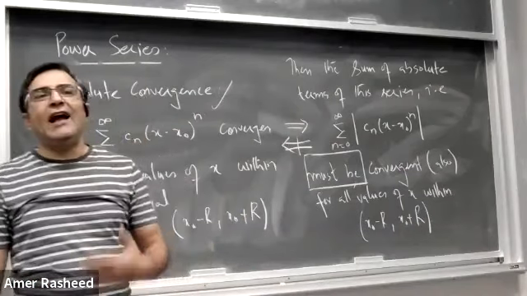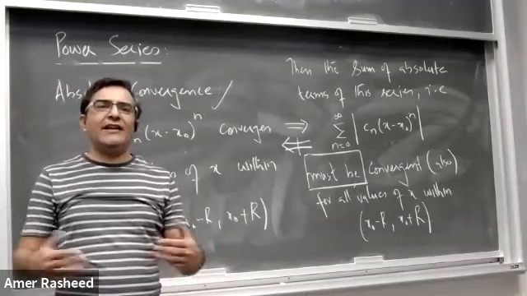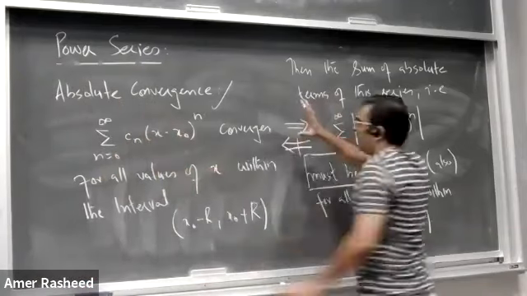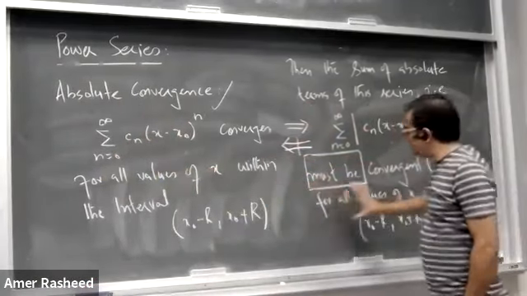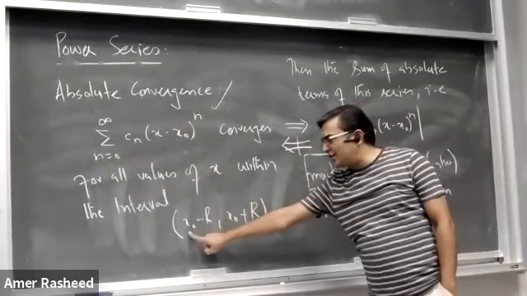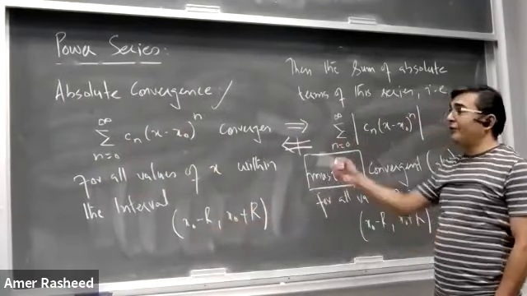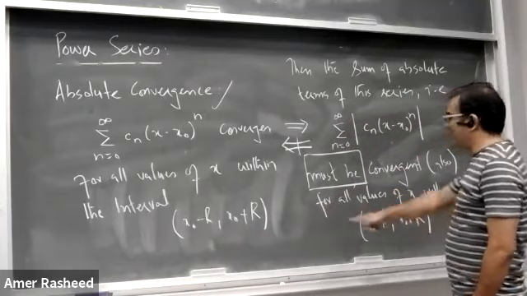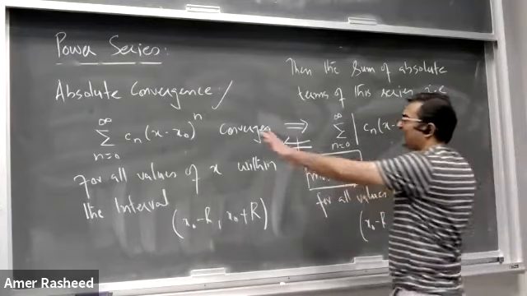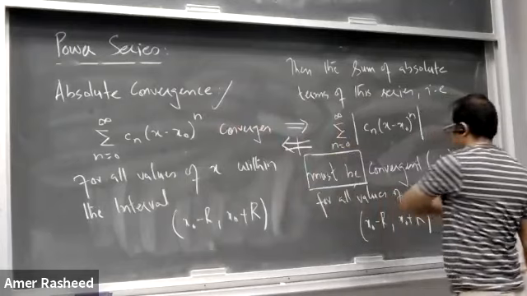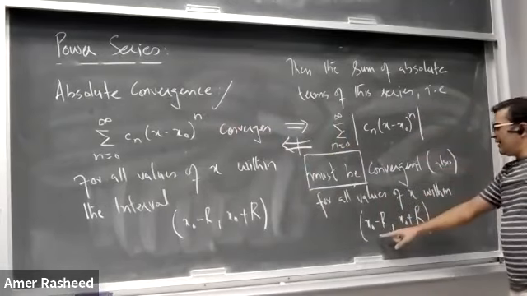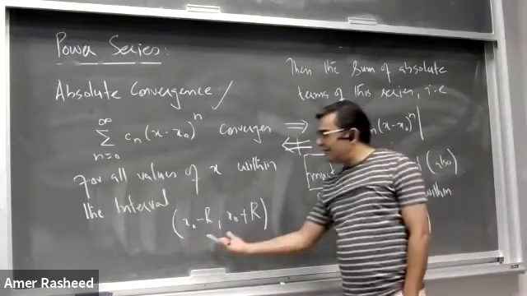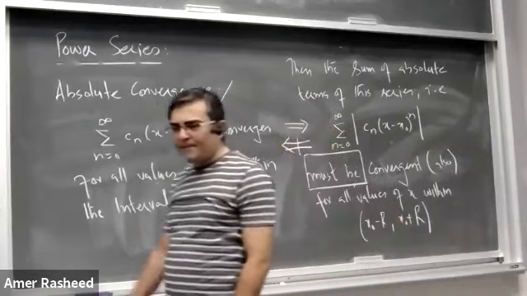And it also helps us find the radius of convergence and interval of convergence of the given power series. See, here the interval of convergence of both will be the same, the center of the interval of convergence will be the same, and the radius of convergence of both will be the same. Okay, we can't find it for this one, but we can find it for that one. If we find the interval of convergence of this series, then the interval of convergence of this one will also be the same.